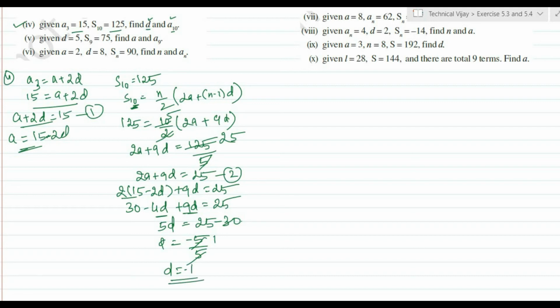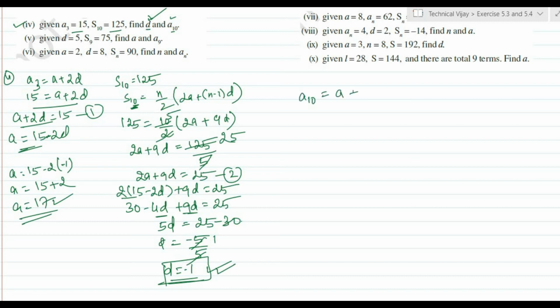So after finding D, you can substitute in A, that is A is equal to 15 minus 2 into minus 1. So A is equal to 15 plus 2, that is A is equal to 17. So A we know, D we know. Now A10, that is A of 10, we have to calculate.